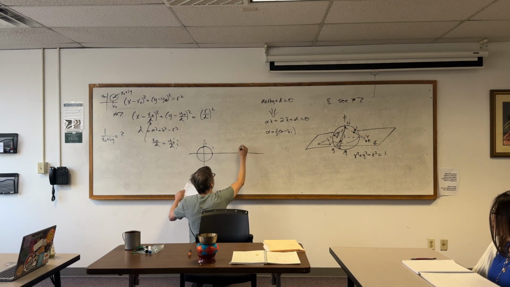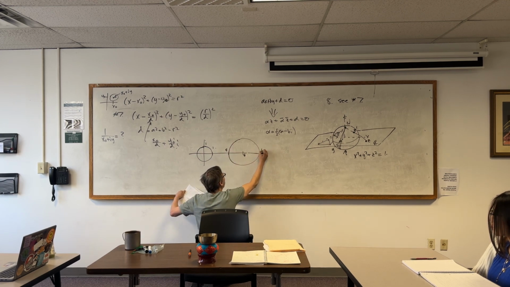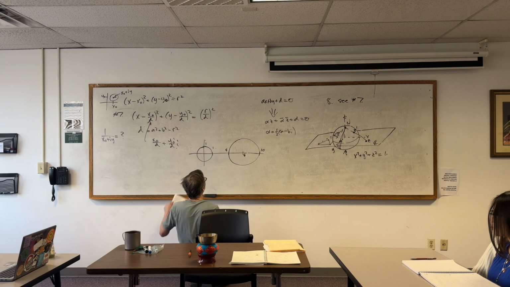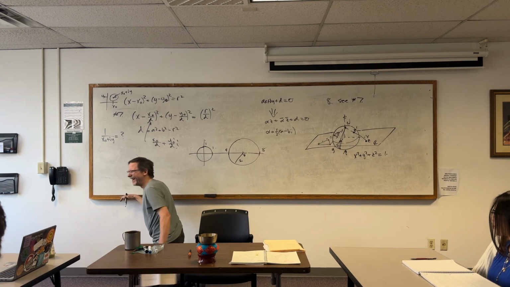Let's take a circle out here, at 6. It's got a big old radius, so that's 4 right there, and that's 10 on the real axis. So I've got this circle of radius, what is that, 2? Yeah, okay, now it's better.